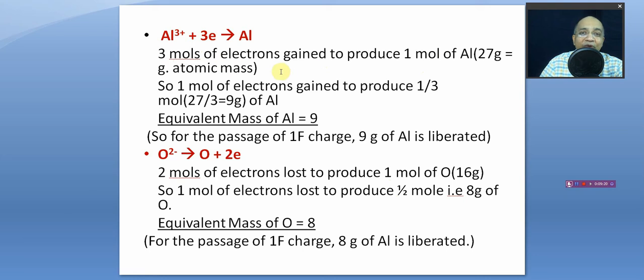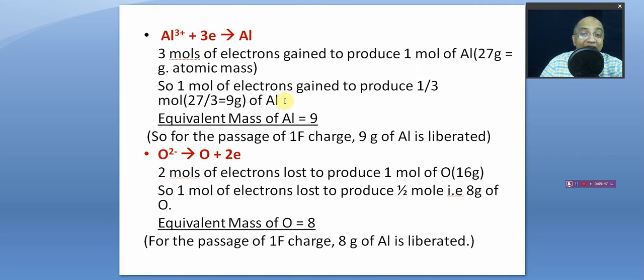If 3 moles of electrons are involved in 1 mole of aluminium generation or 1 mole of aluminium discharge, then 1 mole of electrons or 1 Faraday of charge is involved in the production of 1/3 of this, because 3 moles are responsible for 1 mole of aluminium, that is 27 gram.